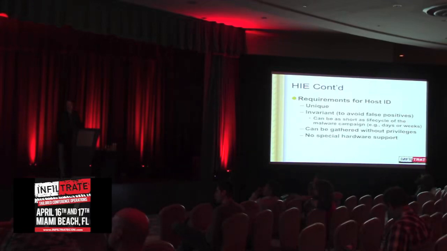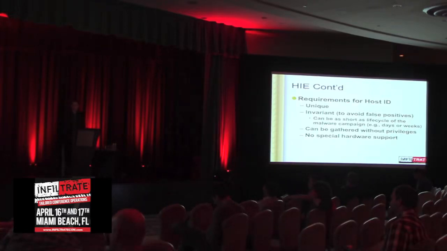So, in terms of what information we want to comprise the host ID, there are a couple of properties ideally we'd like this information to have. We obviously want it to be unique. We want it to correctly or precisely identify a host. We want it to be relatively stable or invariant. But of course, the lifetime of that information before it changes needs to be only as long as the malware campaign is.